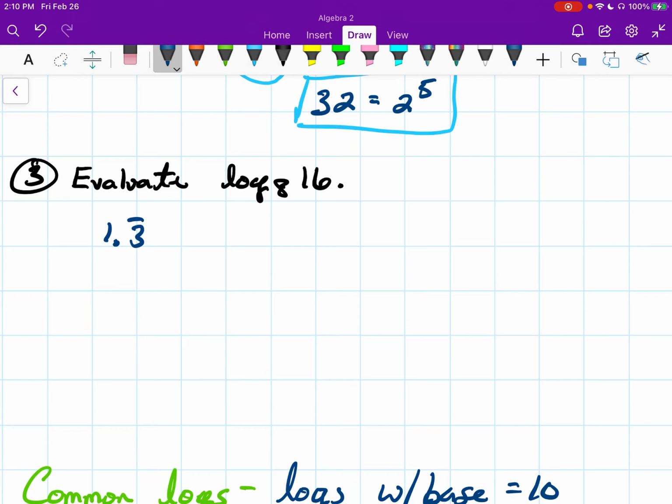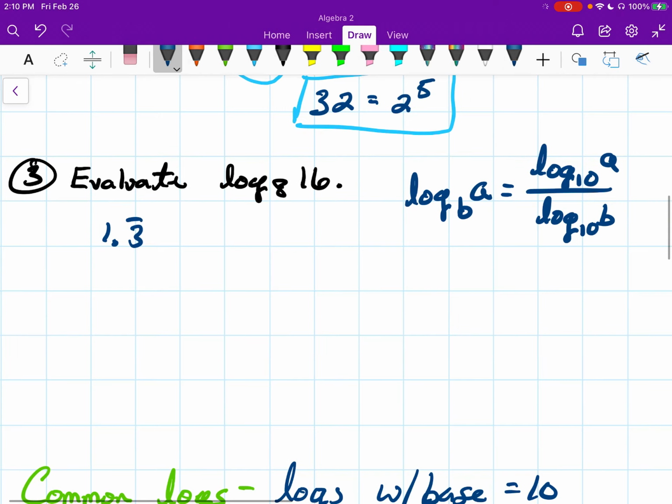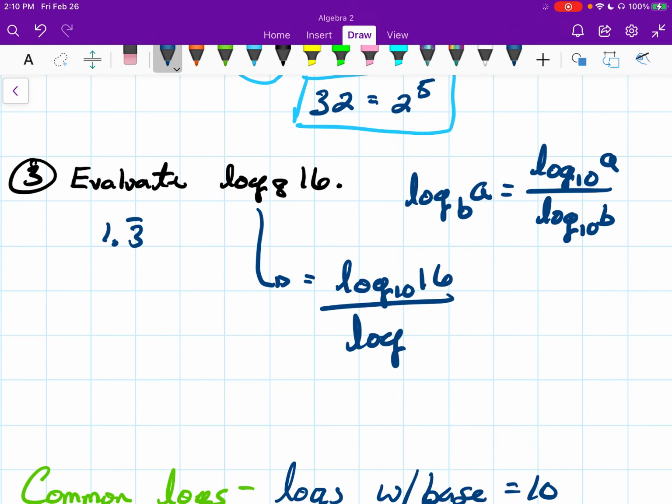So I'm going to write that in base 10 for us, just in case you're using a different kind of calculator. I'm going to use the formula log base b of a equals log base 10 of a over log base 10 of b. So I can substitute in: this is going to be equal to log base 10 of 16 over log base 10 of 8.